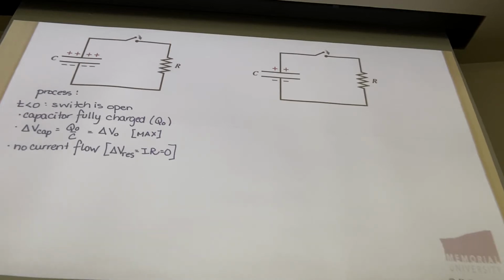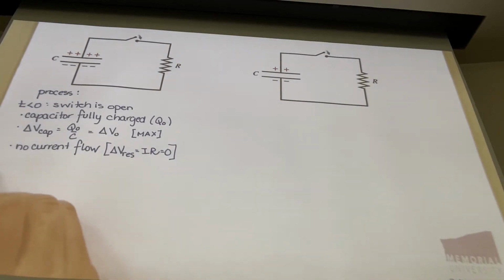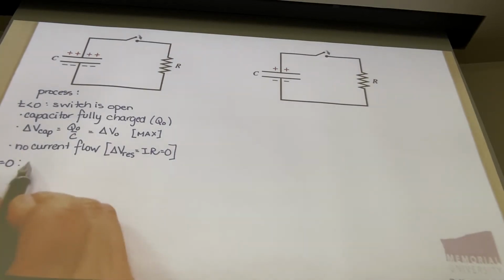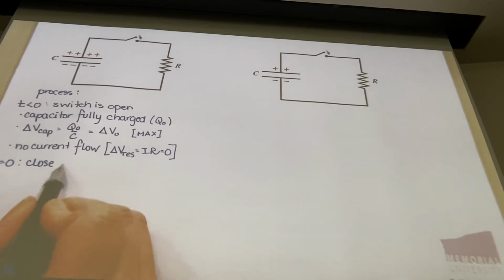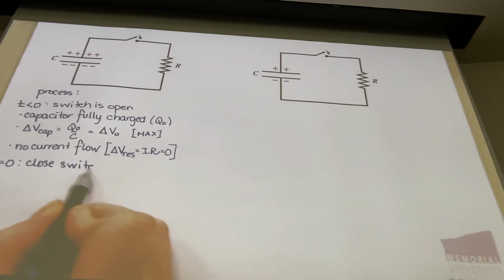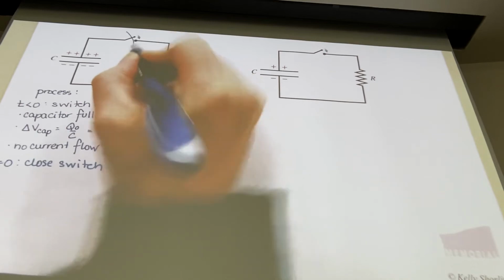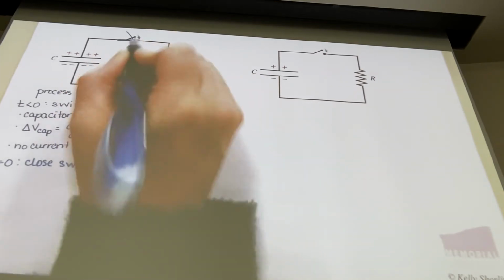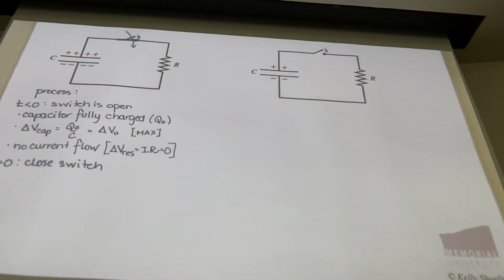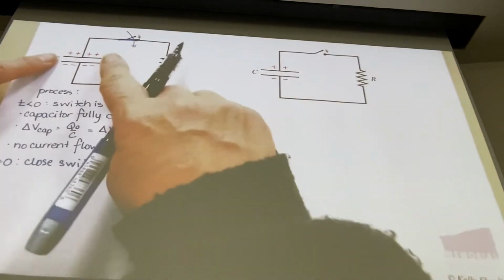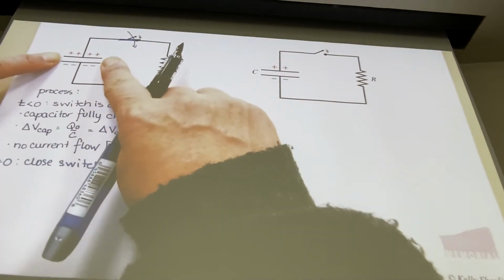At t equals 0, we're going to close the switch and see what happens. So we shut this guy down. We've got our complete circuit. As soon as we have the complete circuit, we think about what's happening here. We have a bunch of these positive charges sitting on this plate.